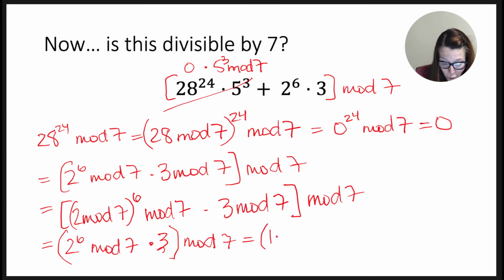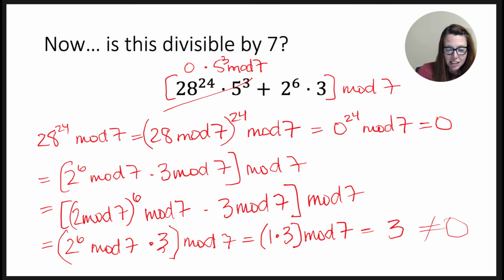So this becomes 1 times 3 all mod 7, which is just 3. And importantly, this is not equal to 0. So is this divisible by 7? The answer is no.